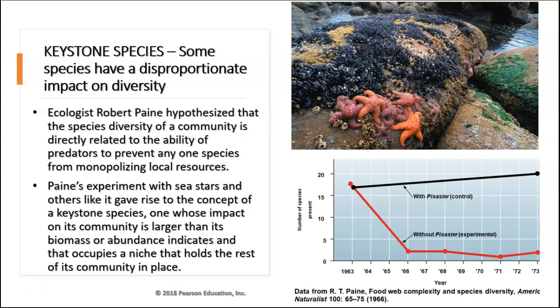And over time, that led to a lot of overgrowth of the mussels, which the starfish fed on, and that changed the whole stability of the ecosystem. Once the starfish were returned, then you had a much more stable ecosystem as a result of that.